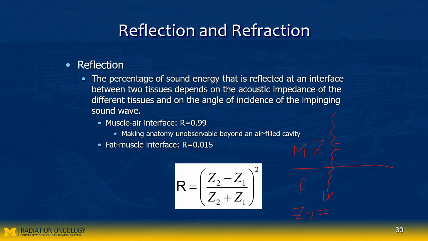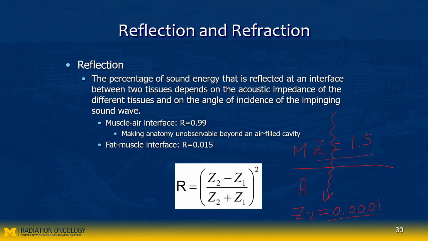You don't have to remember, but I told you that it is significantly smaller for the air. So say 0.0001, and the muscle, let's say, is 1.5. I'm neglecting this unit of 10 to the 6. So imagine Z1 is about 1.5 and Z2 is 0.0001.